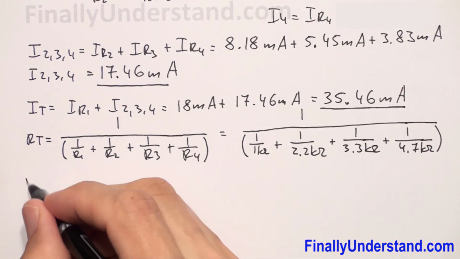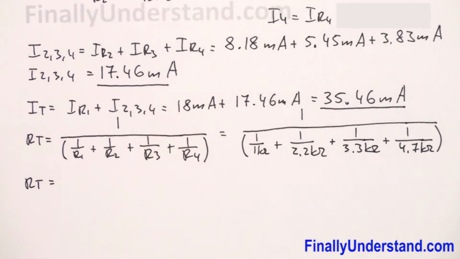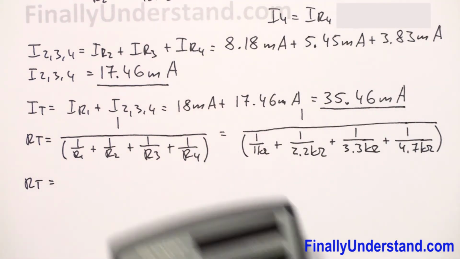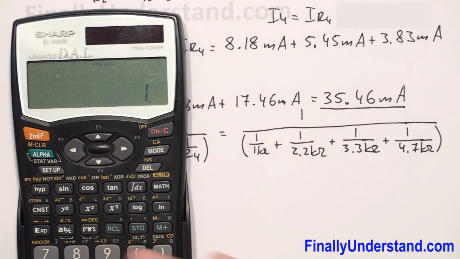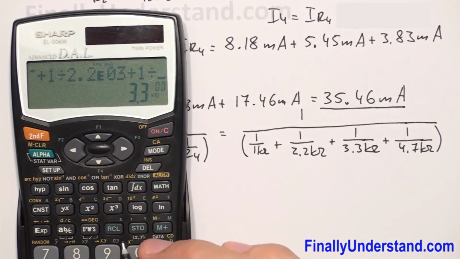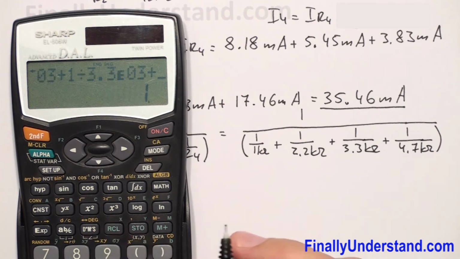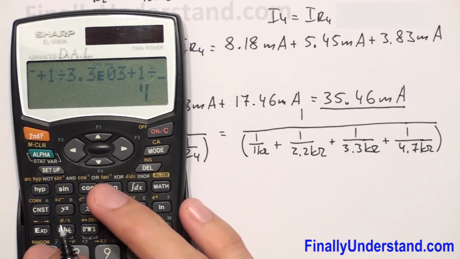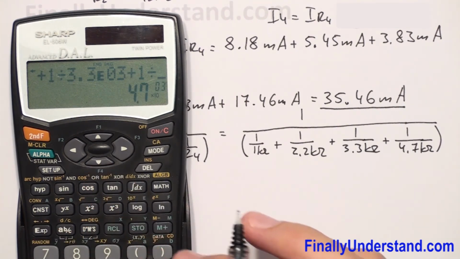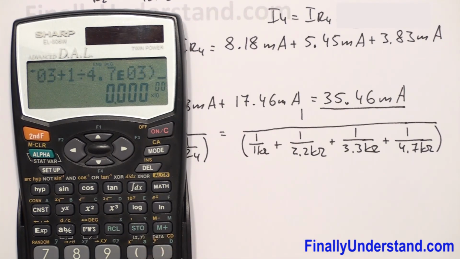Okay, so R total is equal, I'm going to use the calculator again, 1 divided by, open parenthesis, 1 divided by 1 exponent 3 plus 1 divided by 2.2 exponent 3 plus 1 divided by 3.3 exponent 3 plus 1 divided by 4.7 exponent 3. Close parenthesis.